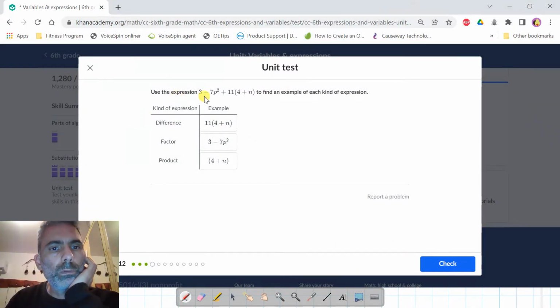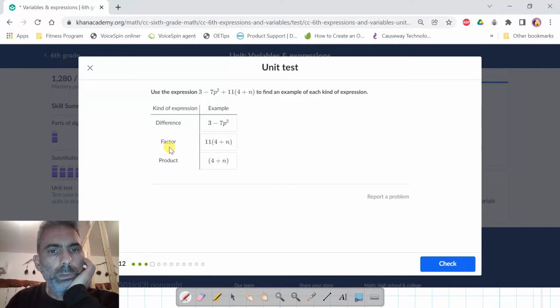Use the expression 3 minus 7p squared plus 11 parentheses 4 plus n to find an example of each kind of expression. Difference. Okay, difference is subtraction.